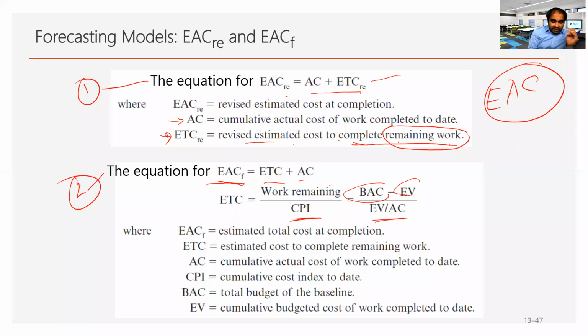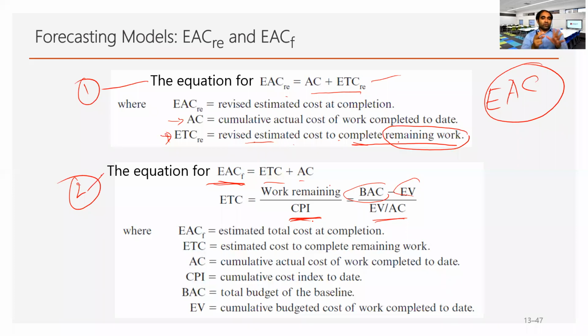But when it comes to ETC forecast, that is a bit different from the revised, in the sense that now we need to check the CPI, the cost performance index. CPI is involved here because the same project team will continue to work for the rest of the project.